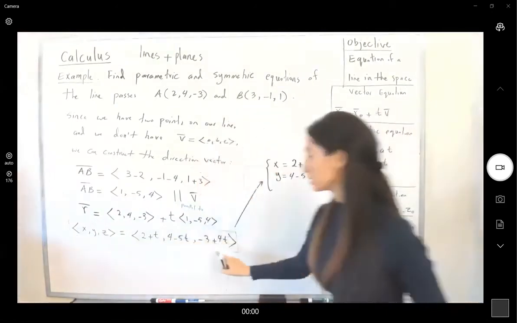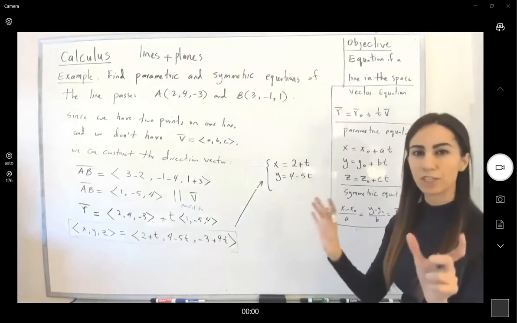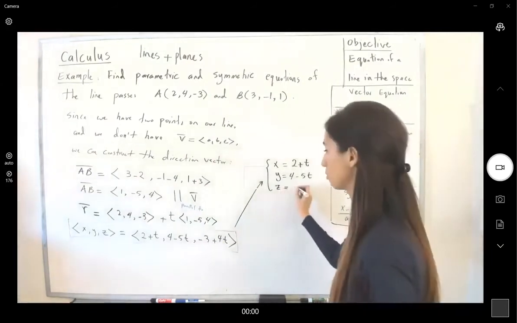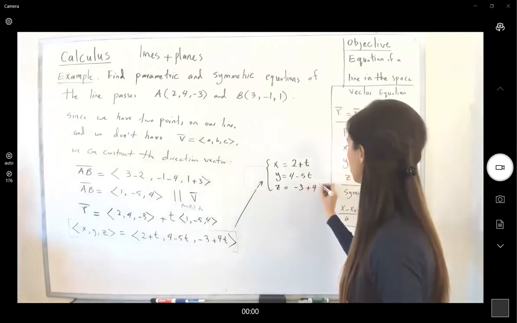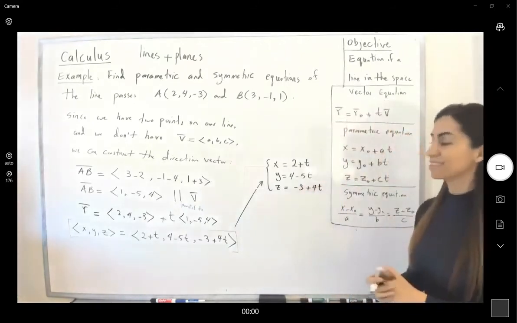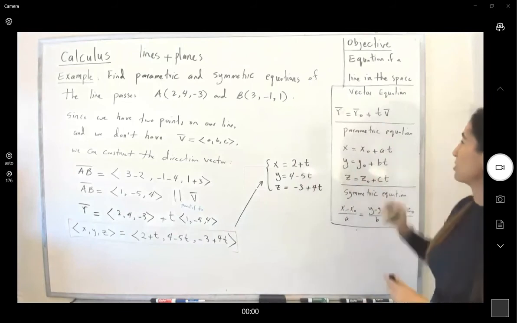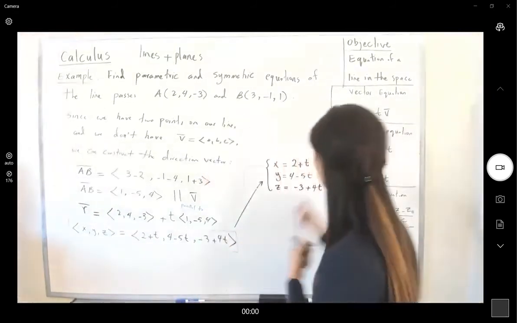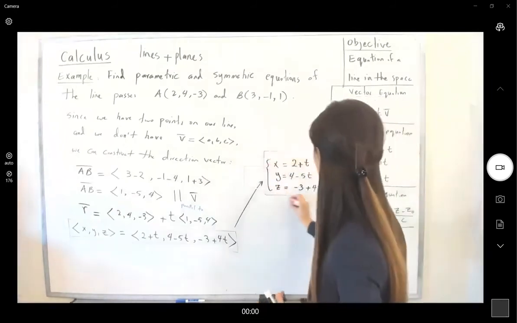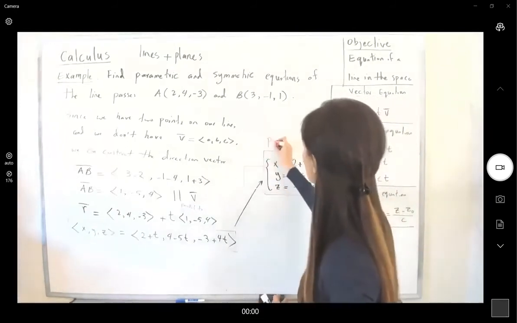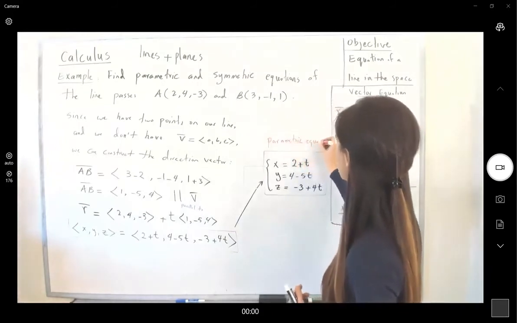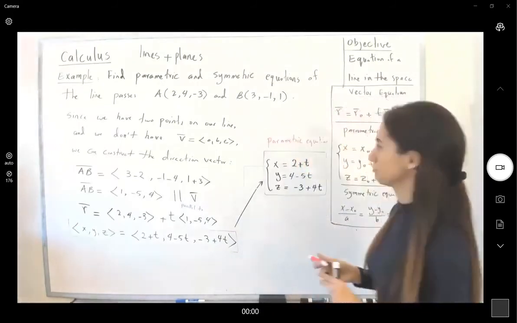The third component is equal to the third component. You have equality between two vectors. So z is equal to -3 plus 4t. Well, this is the parametric equation of this line.